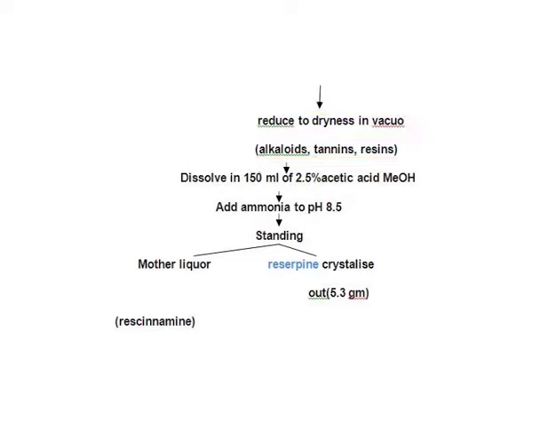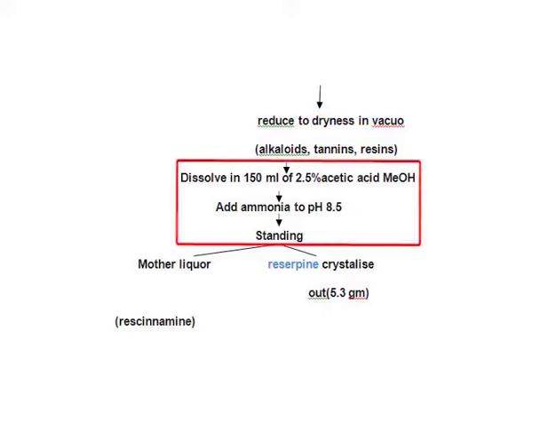The filtrate is reduced to dryness in vacuum, and this contains alkaloids, tannins and resins. They are dissolved in 150 ml of 2.5% acetic acid in methanol. Then ammonia is added to make the pH 8.5. This is allowed to stand for a few hours.